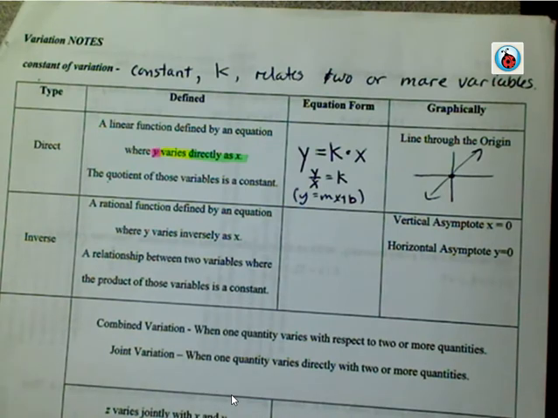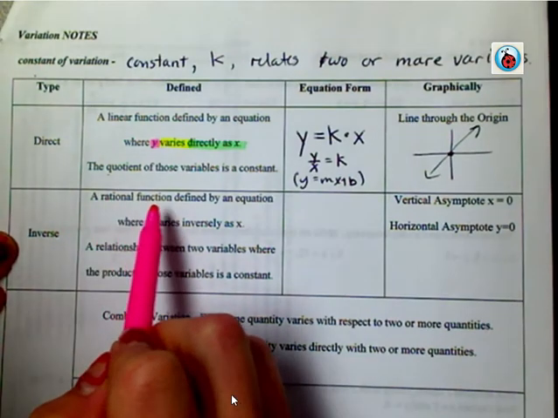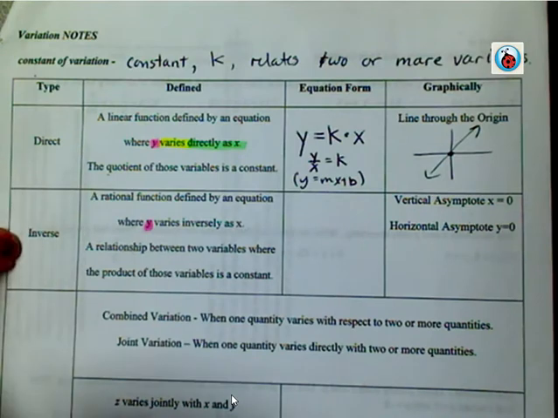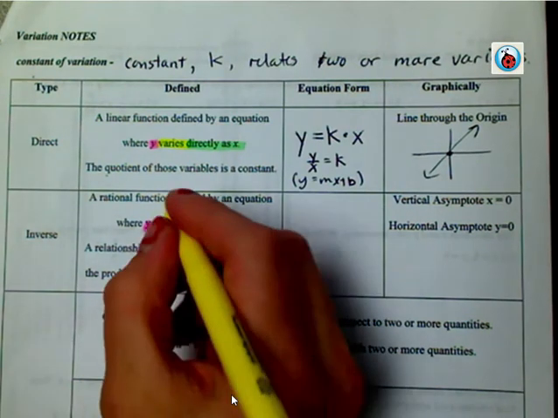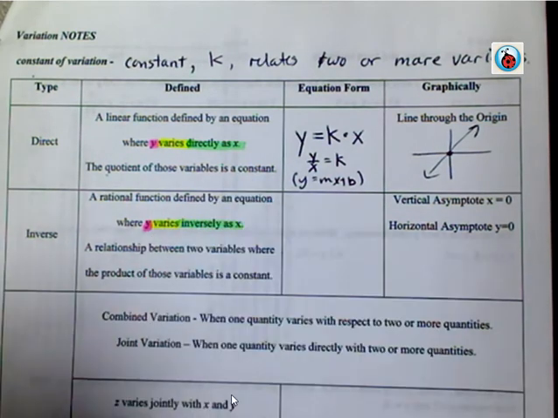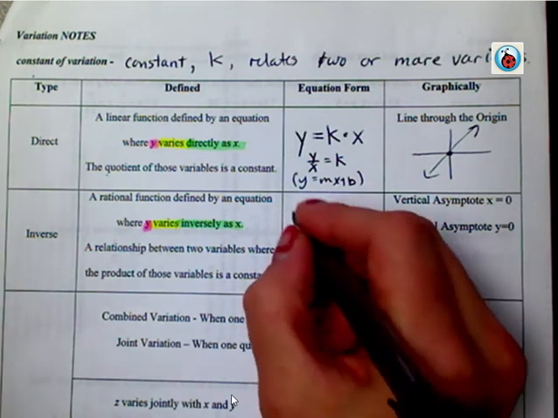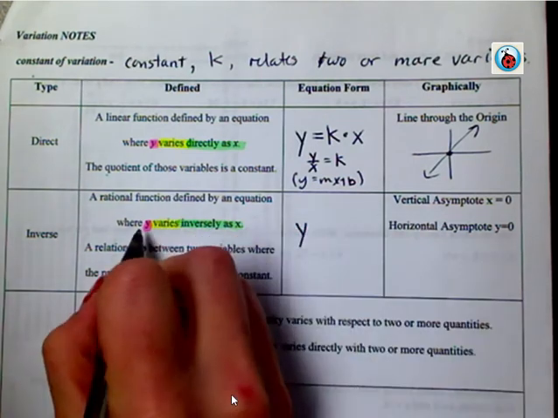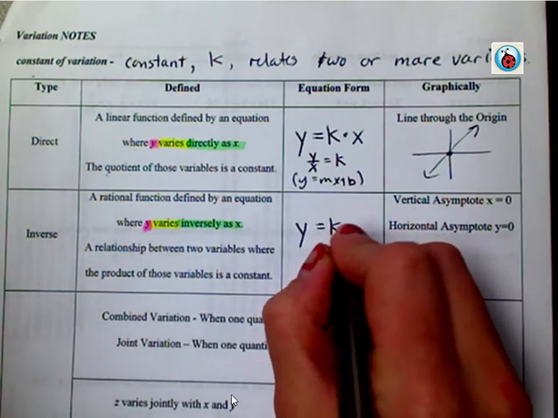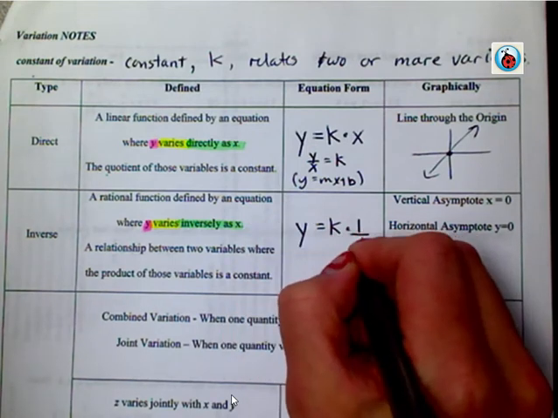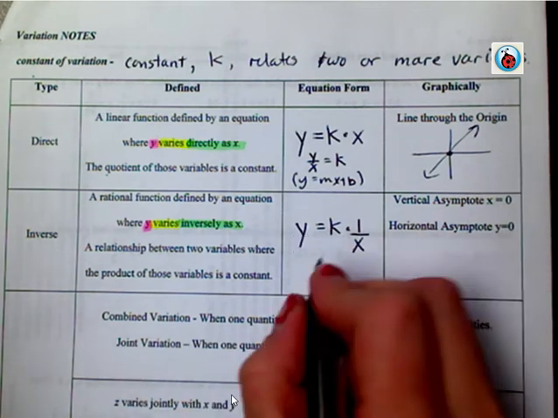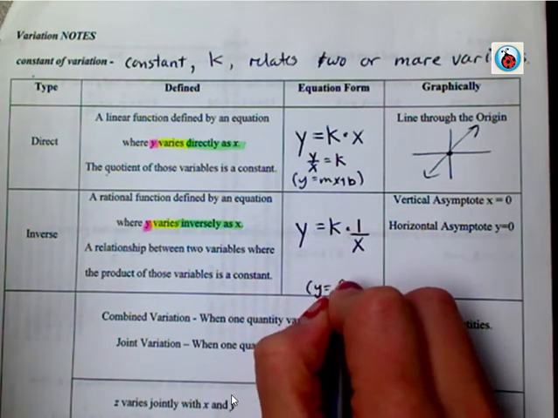Okay, the word inverse. A rational function defined by an equation where y varies inversely as x. Now these vocab words are actually telling you where to place the parts of the equation. Y varies inversely as x. Inversely has you divide by x. Okay, notice that this is y equals a over x.